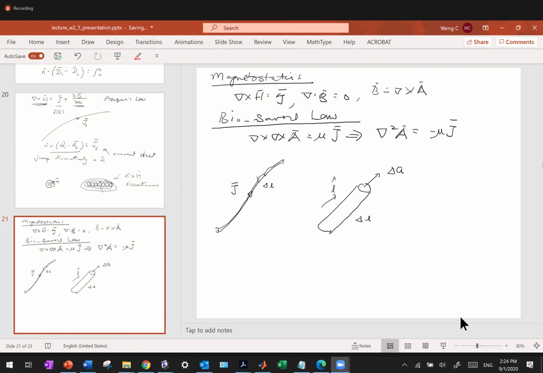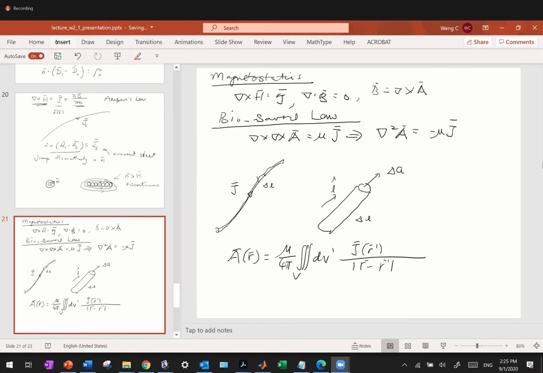Then we have to solve this equation, and we already know how to solve this equation. Once we solve this equation, the vector potential A is given by mu over 4 pi, using the Green's function, integral dv prime J of r prime over r minus r prime.